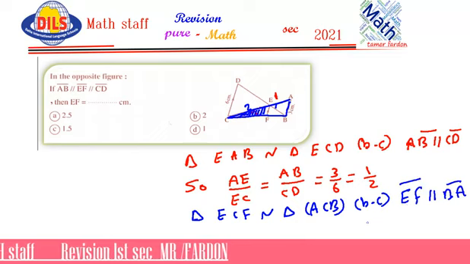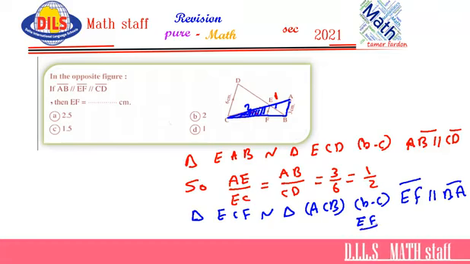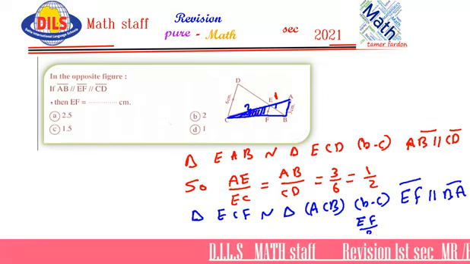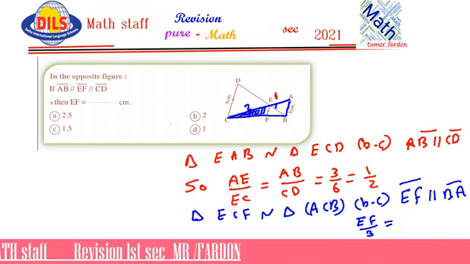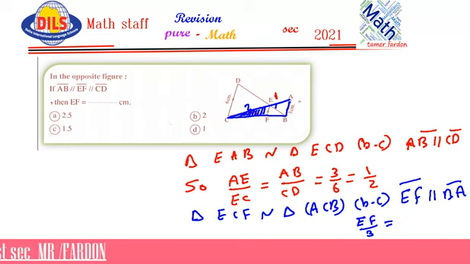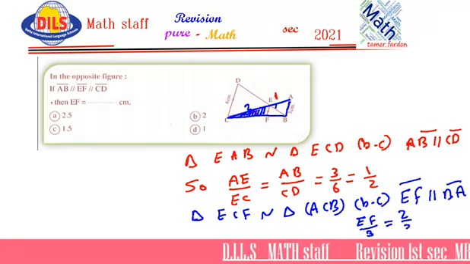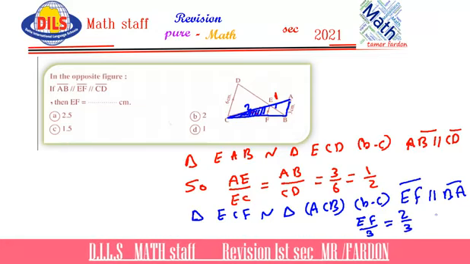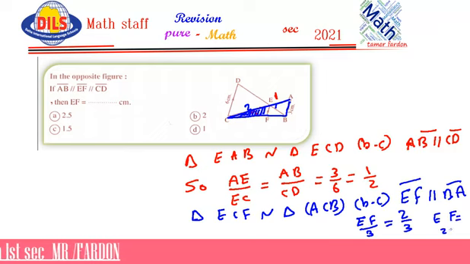So EF, which is the required, EF over AB, which is 3 centimeters, EF over 3 centimeters equals EC over CA, which equals 2 over 3. So EF equals 2 centimeters. So the correct answer is B.